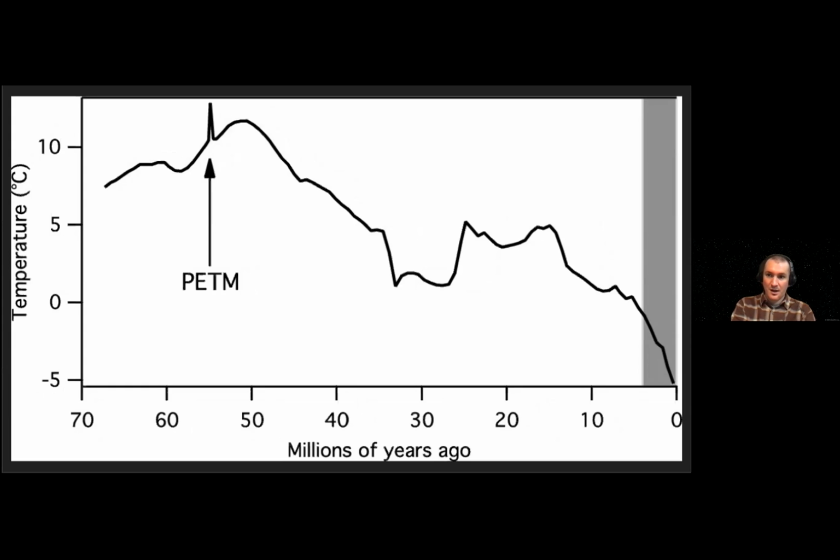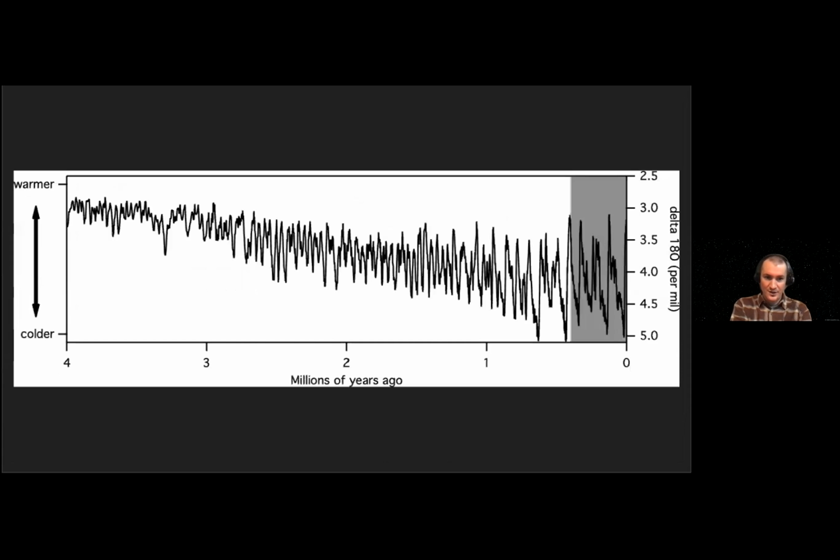In this case, it's primarily from ocean sediment cores. We look specifically at oxygen isotopes, the ratio between O16 and O18, and it's an analogous method for estimating temperature. When O18 has a higher value in that ratio, it tells us that temperatures were warmer during that period of time.